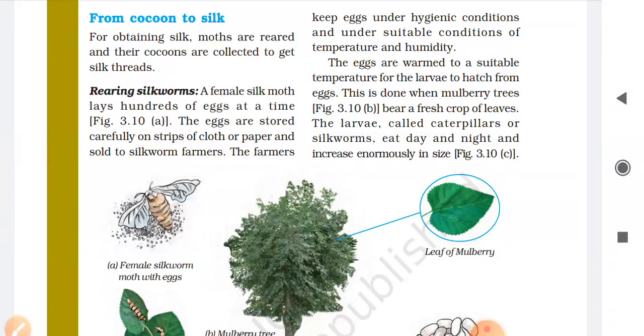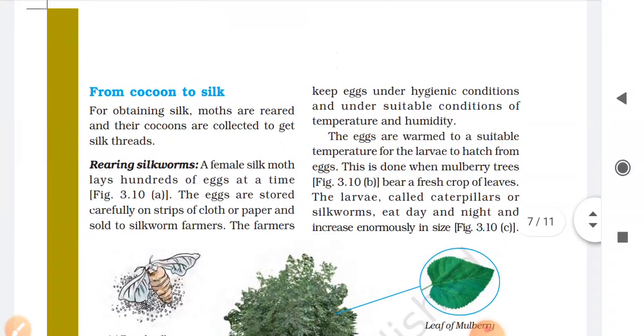Here also we are doing the rearing of silkworms. A female silk moth lays hundreds of eggs at a time. The eggs are stored carefully on strips of cloth or paper and sold to the silkworm farmers.